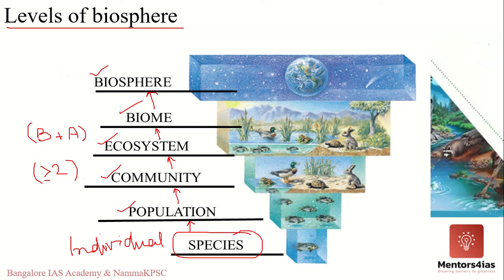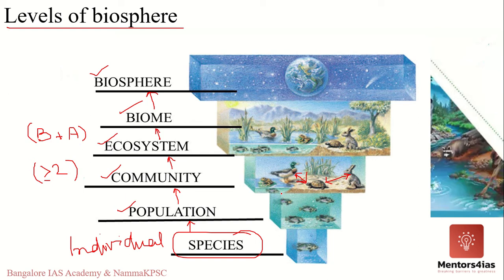Hence, if populations of different species live together in a particular area at a particular time, obviously they will interact with each other. So today we will be discussing biological interaction, that is, the effect that a pair of organisms living together in a community will have on each other.